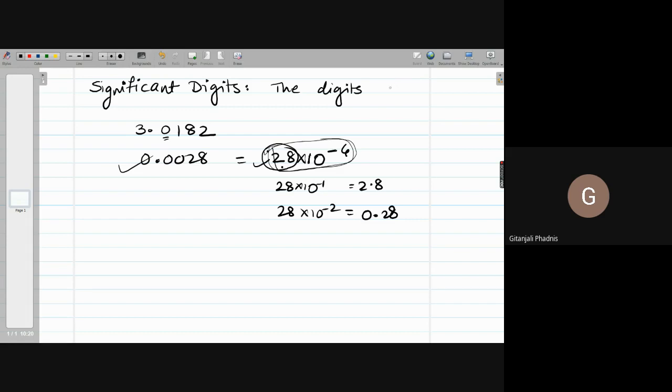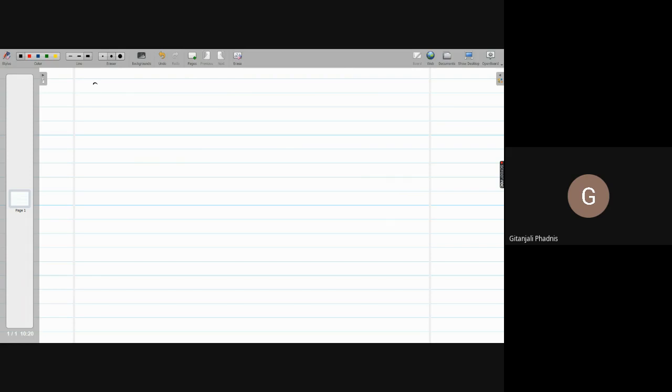The digits which are used to express a number are called significant digits. Its short form is SD.